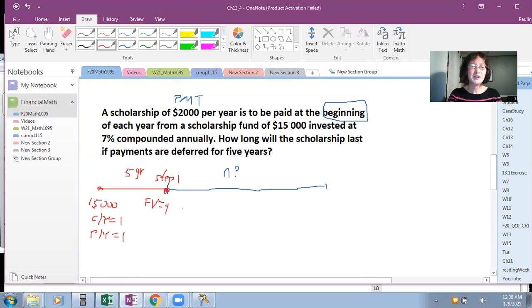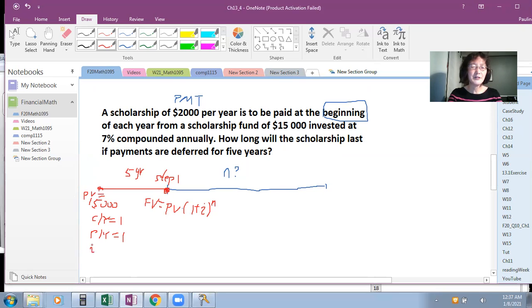FV equal to PV times (1 plus I) raised to power n. In this case, it is the formula, the same as before. PV, this number is PV, $15,000. And what is I?